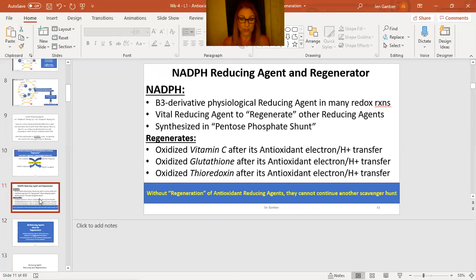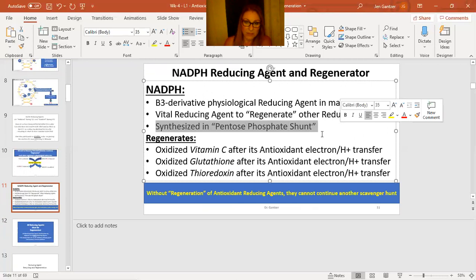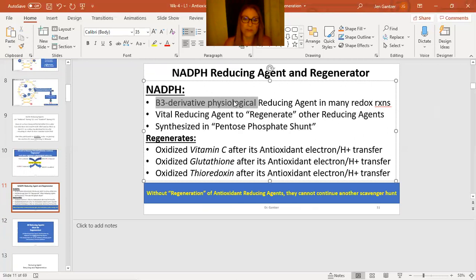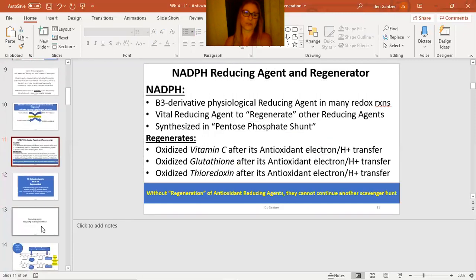NADPH recycles and regenerates these three vital antioxidants that need to be regenerated so that they can become reduced again and then go do their antioxidant function of donating the hydrogen. So NADPH is synthesized from pentose phosphate, a B3 derivative, and it's going to specifically help vitamin C as ascorbate, glutathione, which we learn in a second, and then thioredoxin, which we take a look at as well.